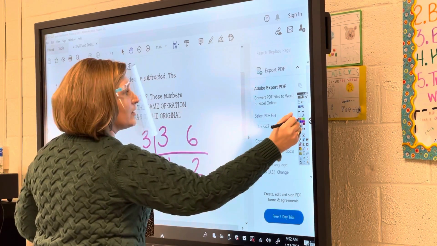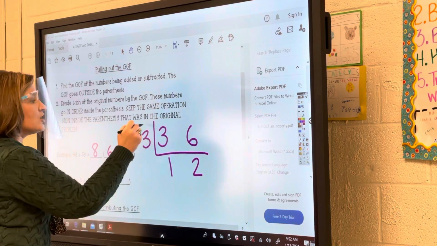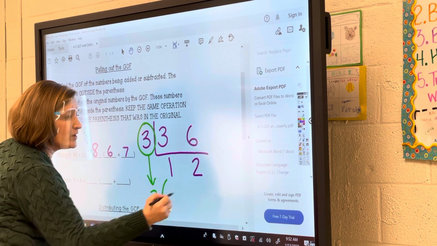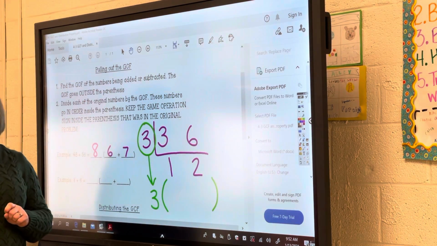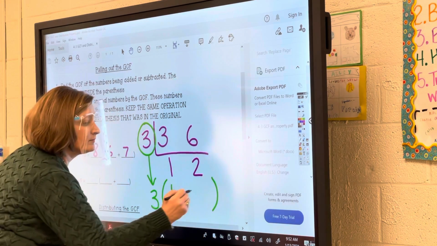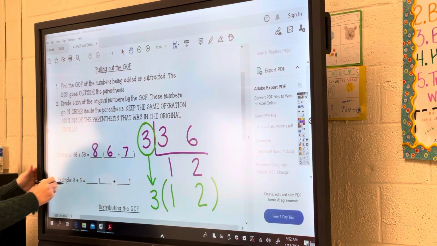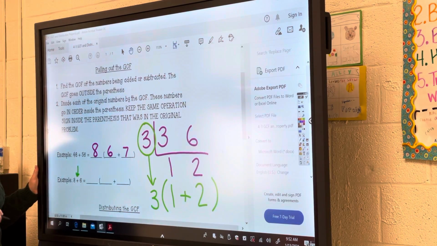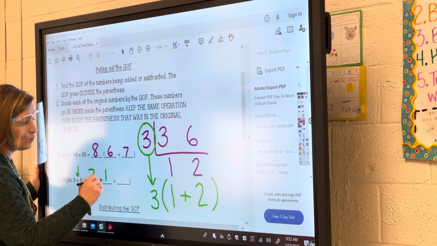Can I go any farther? No. So my GCF is what? 3. And what's going to go inside my parentheses? 1 and 2. And what's my operation? Plus. So we have a 3, 1, and a 2.